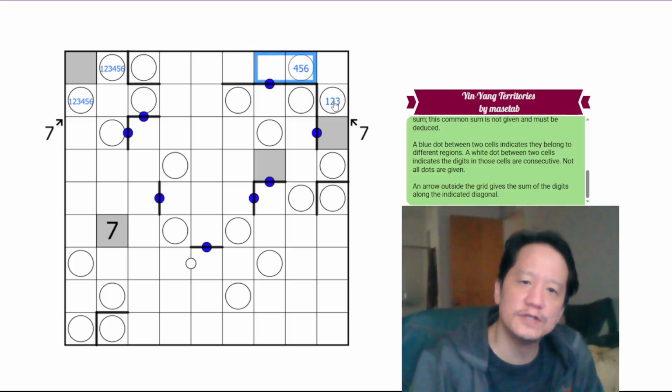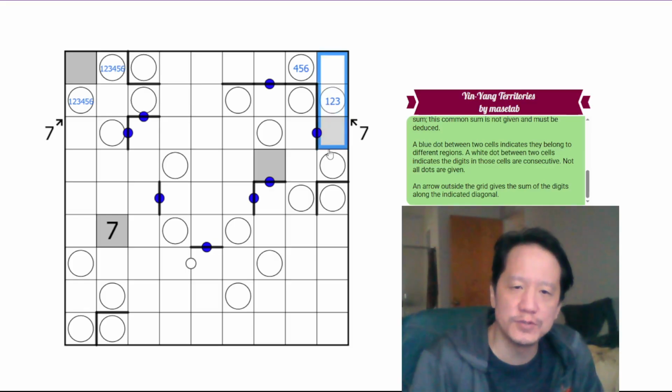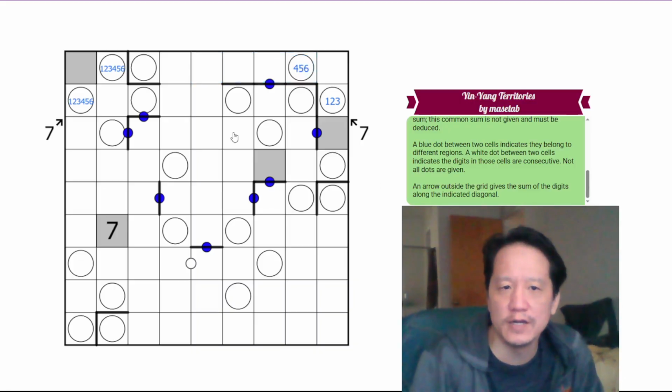So if this is 4, this is 3, so this would have to be 3 that way, and it would have to be 4 that way. Otherwise, it's more than that, so it has to go to at least here. So this is the same region, guaranteed.